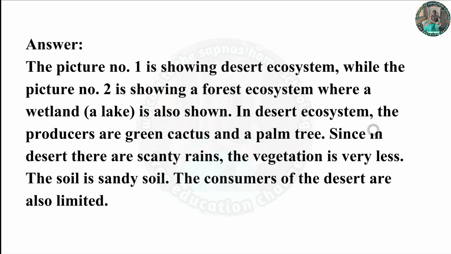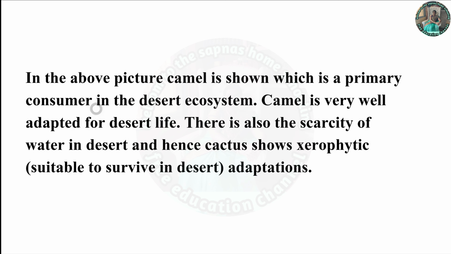In a desert ecosystem, the producers are green cactus and palm trees. Since in a desert there are scanty rains, the vegetation is very less. The soil is sandy soil. The consumers of the deserts are also limited. In the picture, camel is shown, which is a primary consumer in a desert ecosystem.